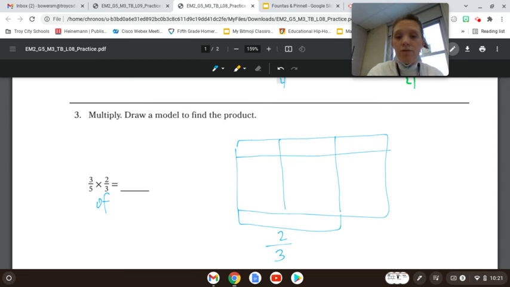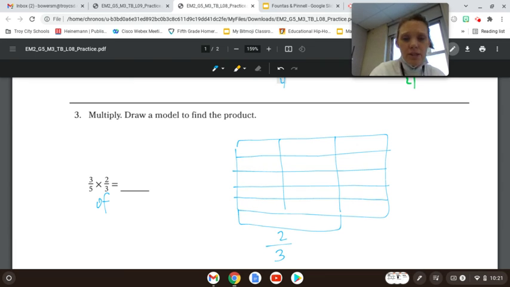So here's 1/5, 2/5, 3/5, 4/5, 5/5. I only want to zero in on 3 of those fifths. So here's 3/5. And I'm going to be taking a closer look at what is 3/5 of 2/3.